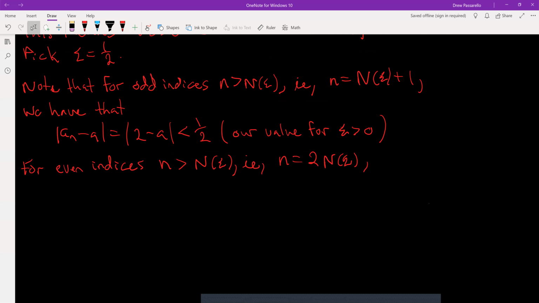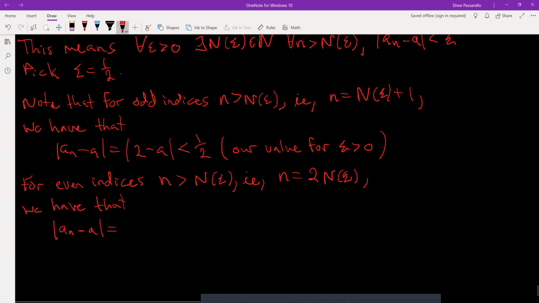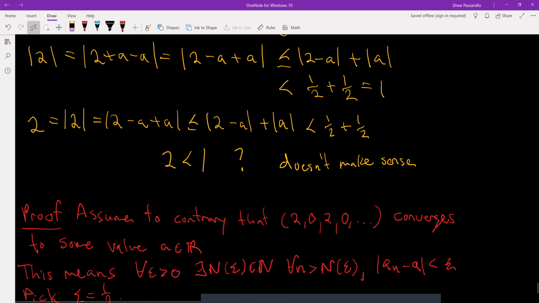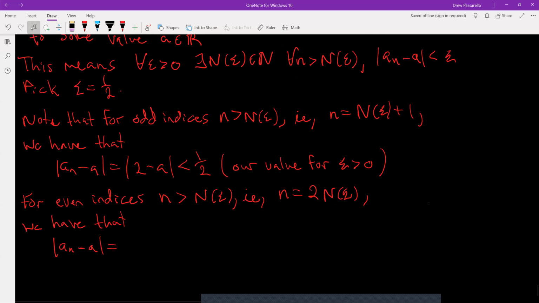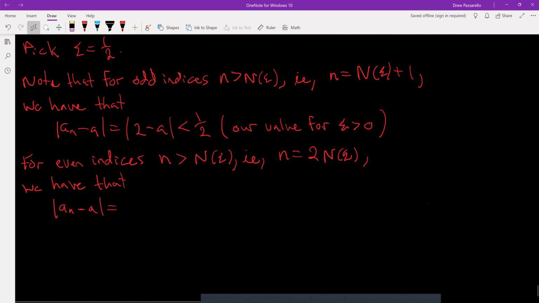Then we have that the absolute value of a_n minus a, and again, our odd terms are 2, even terms are 0, so that's going to be 0 minus a.